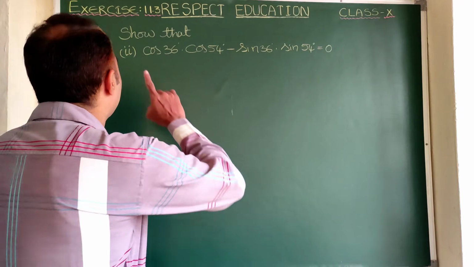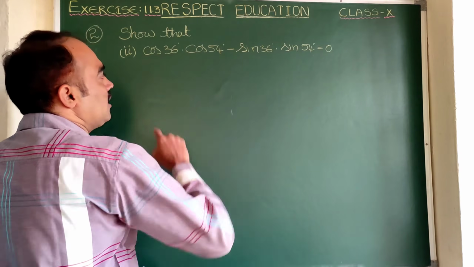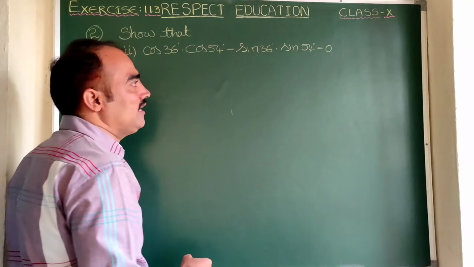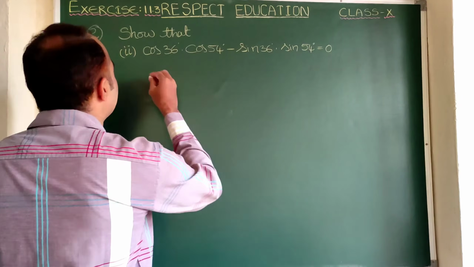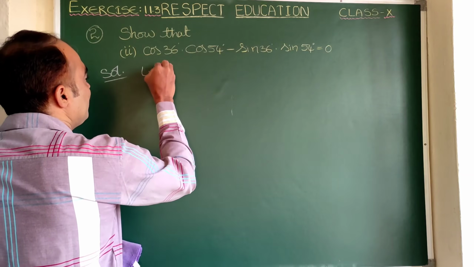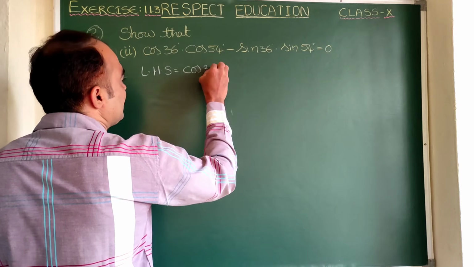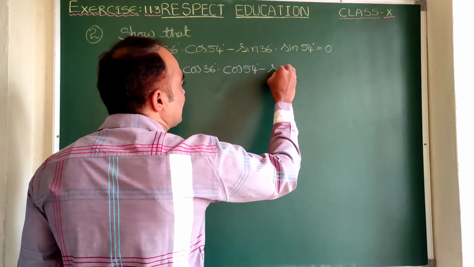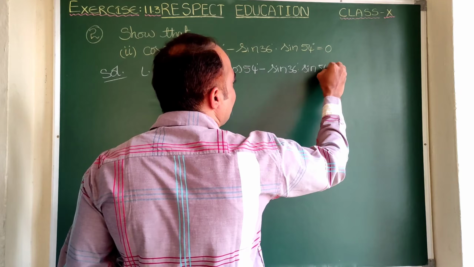Now we see the second problem, second bit, that is cos 36 degrees into cos 54 degrees minus sin 36 degrees into sin 54 degrees is equal to 0. Now let us consider the left hand side part, that is LHS: cos 36 degrees into cos 54 degrees minus sin 36 degrees into sin 54 degrees.